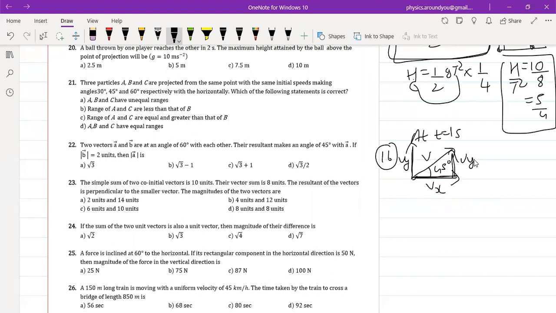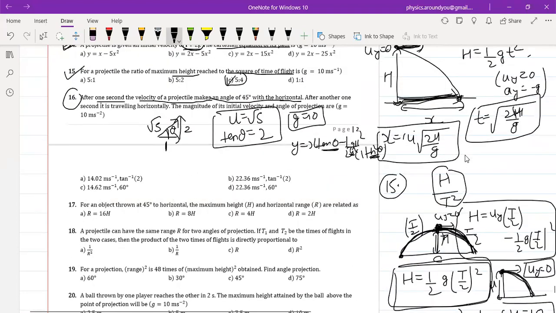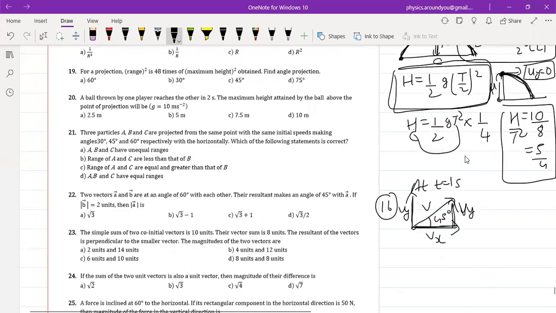Won't you agree? And then they are telling that after one more second it is traveling horizontally. So totally at t equal to 2 seconds, the projectile is found to be traveling horizontally.